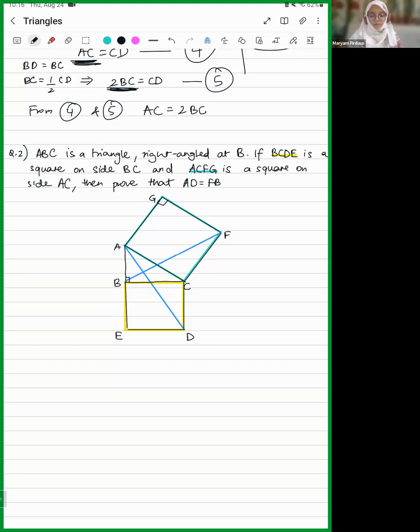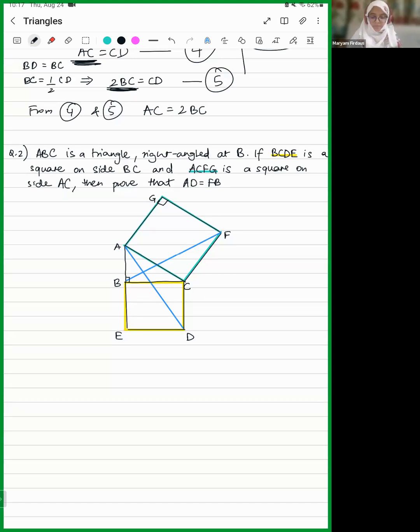Can you see some triangles over here? Some triangles which contain these two lines, AD and BF? Which two triangles can we take? Yes, ma'am.